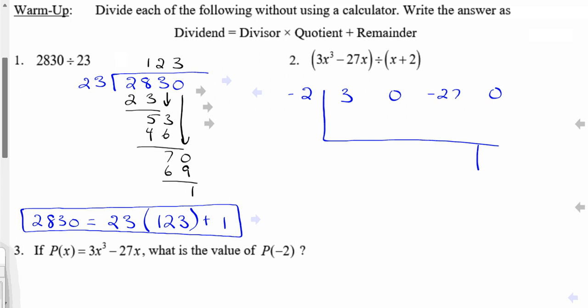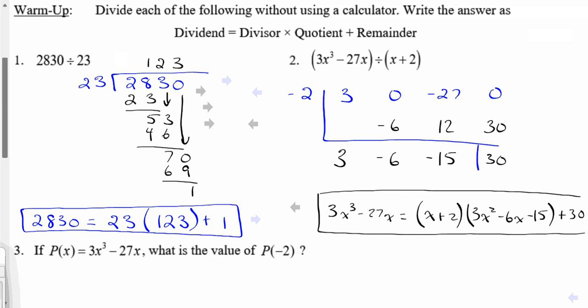My answer for number 1 is up. For number 2, just make sure you have those placeholders in for the missing terms, including the missing constant. A lot of you remember that. That's great. There's my answer for number 2.